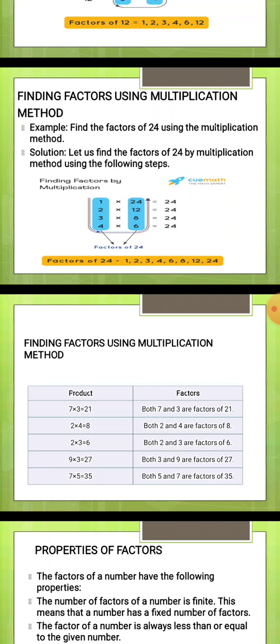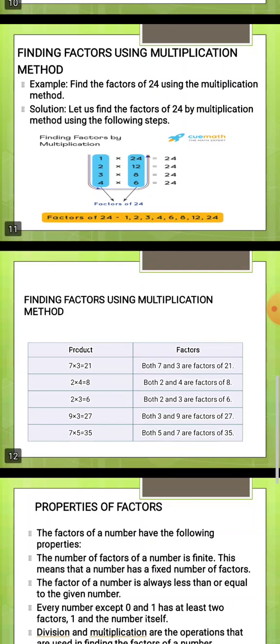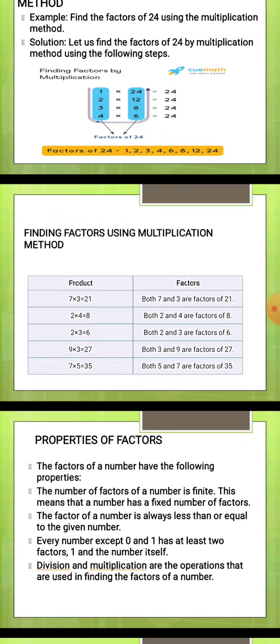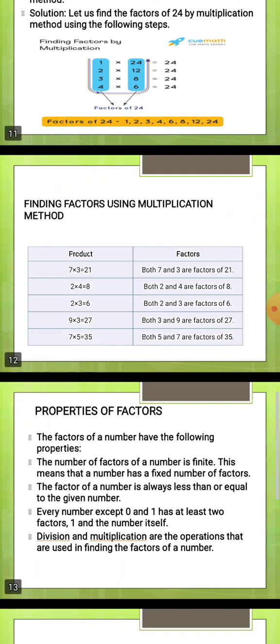We multiplied 1 by 24 and the result is 24. We multiplied 2 by 12, the result is 24. We multiplied 3 by 8, the result is 24, and 4 by 6, the result is 24. So the numbers written in the blue shaded portion, that is 1, 2, 3, 4, 6, 8, 12 and 24, are the factors of 24.